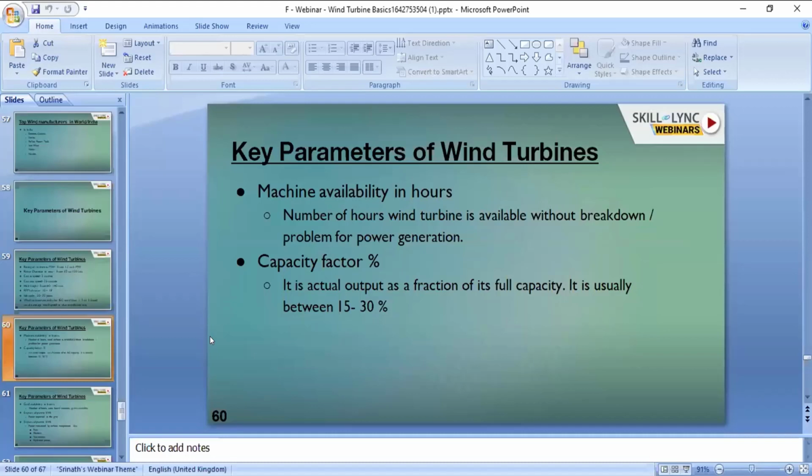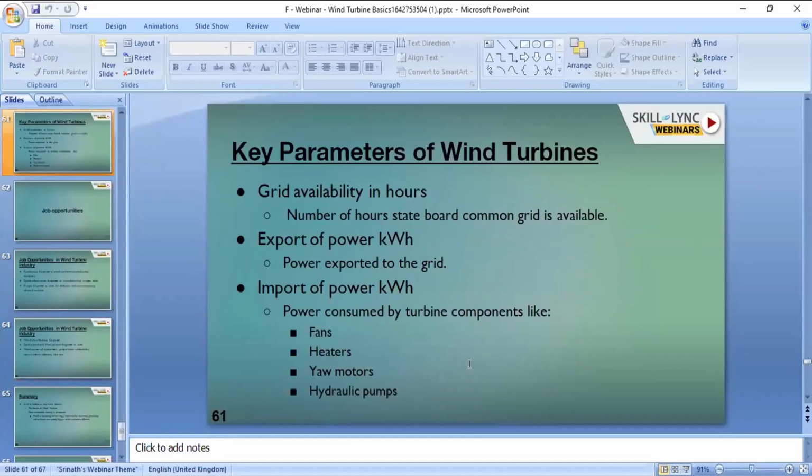Particularly in the seasons from April, May, June up to September, the wind velocity is quite high, and in almost 4 months around 75% of the wind power is produced. So this factor is called the actual output as a fraction of full capacity. Generally, this is between 15 to 30%. Even if it is around 25%, we say that the wind machine is very good.